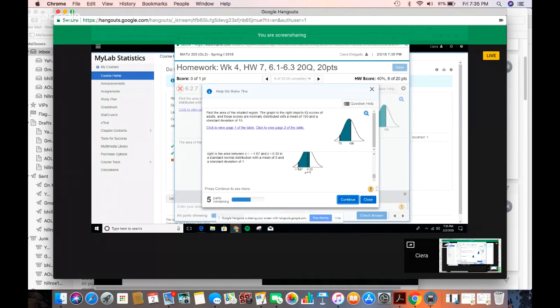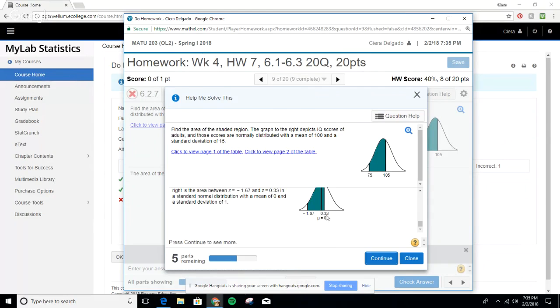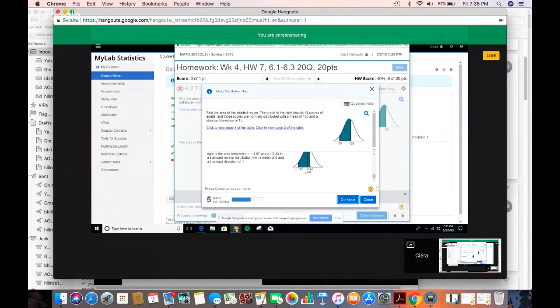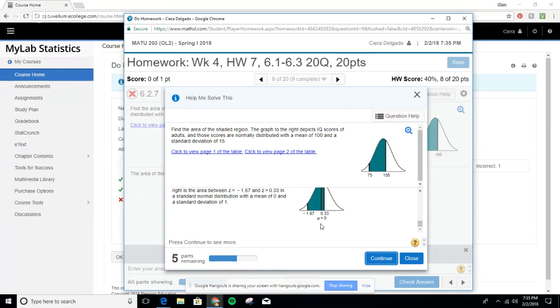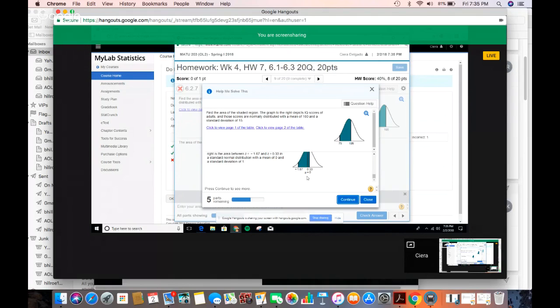So negative 1.67 to the left, that's the lower end of the bell curve, and 0.33 to the right, that's the higher end of the bell curve. Those z amounts correspond to the actual numbers, not the fractions or decimals that were given to us.